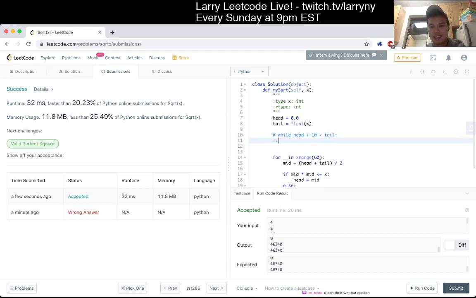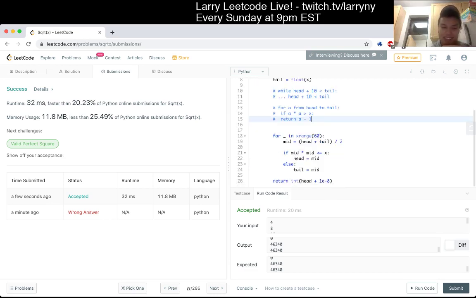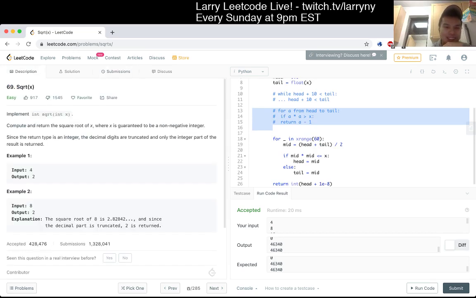And then you just do a for loop for x from head to tail, and you check if x times x is greater than x, then you return a minus 1 or something like that. Maybe I should have done it that way. But this is a very standard bisection problem, which is why I did it this way. But I don't know how I feel about it. A lot of negatives.